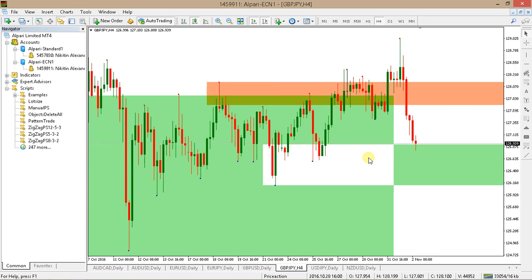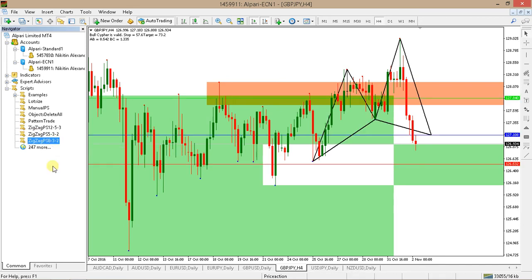That's why I have simplified that routine and created the script that will find those patterns for you. Just run the script, and it is drawn on the chart, and you see the entry, the target, and the stop loss. You also have some information that it is a Cypher pattern, that stop loss is 57 pips, target is 73 pips.